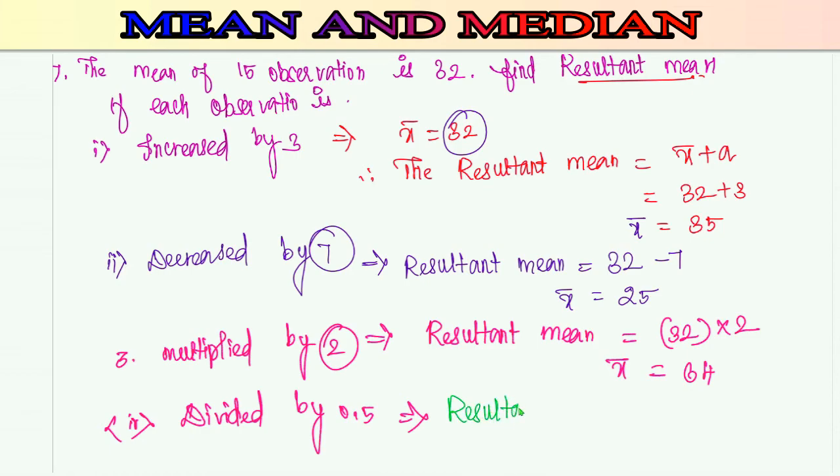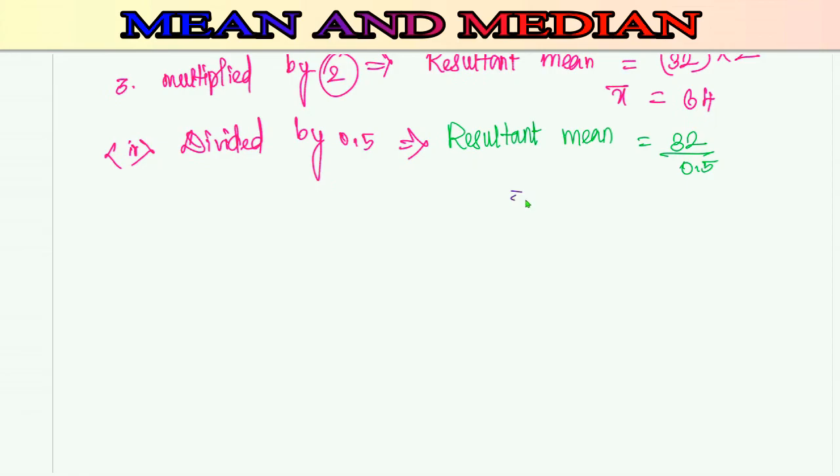The resultant mean is equal to the mean value 32 divided by 0.5. I can write 0.5 as 1 by 2. So you will get 32 into 2 by 1. So it is nothing but 64, the answer. So we are going to discuss the fifth one.